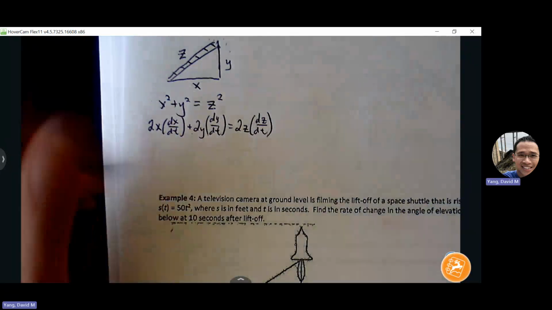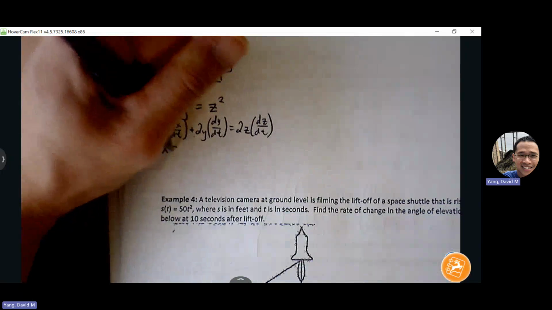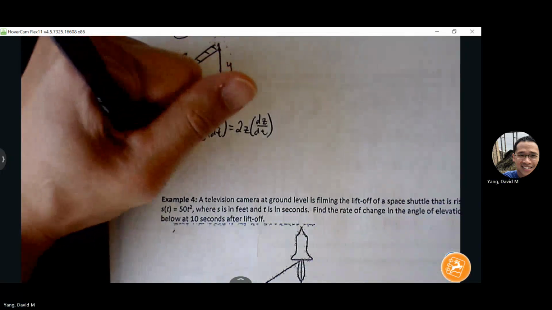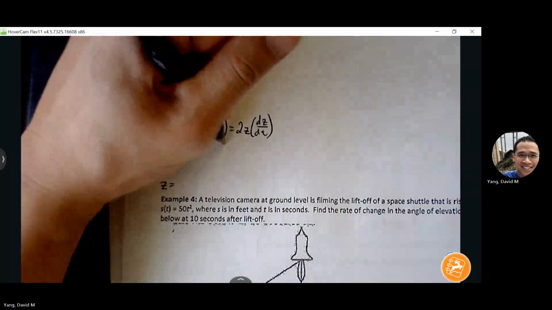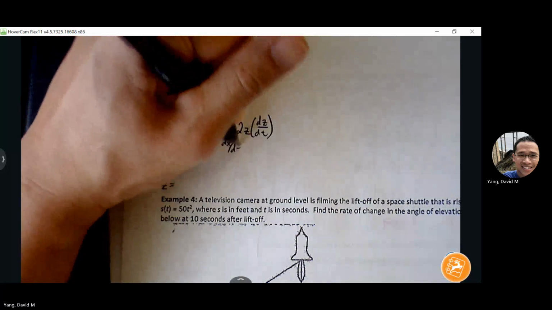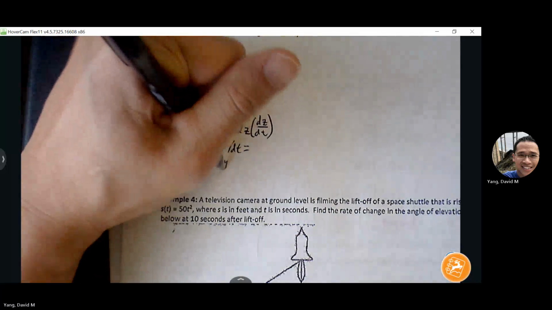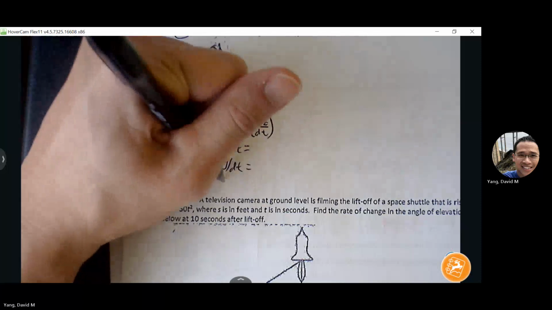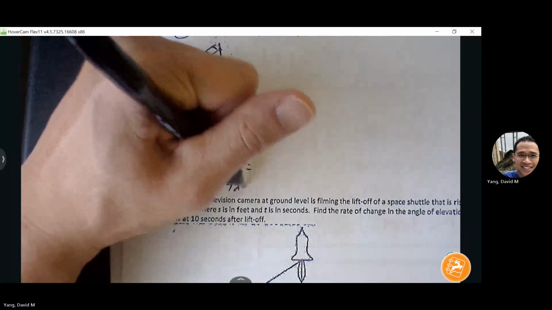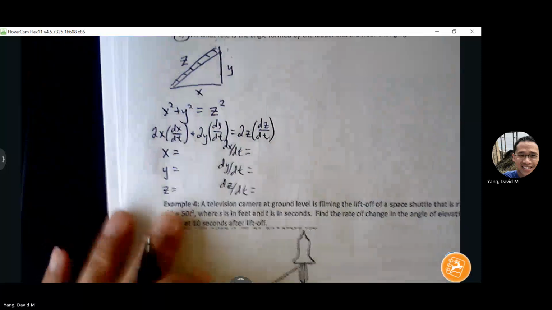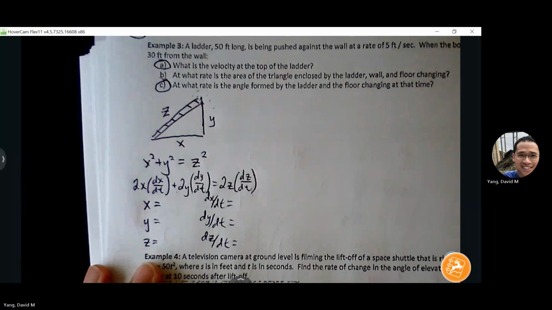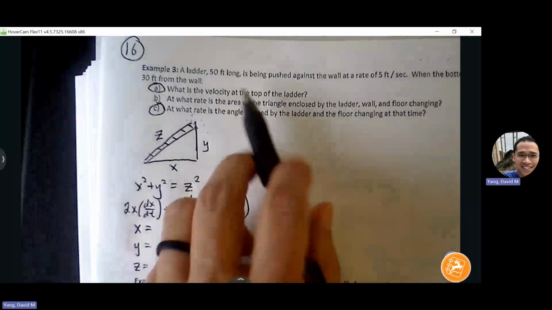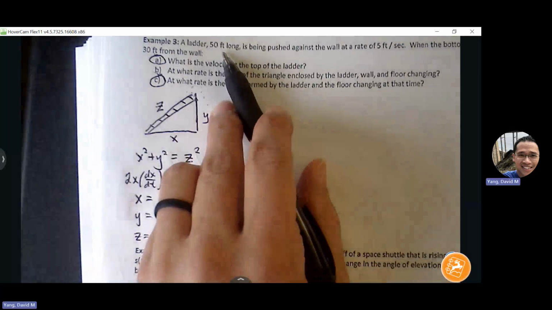All right, we have 6 variables in play here, so we can list them out. Okay, ladder 50 feet long, where does that go?